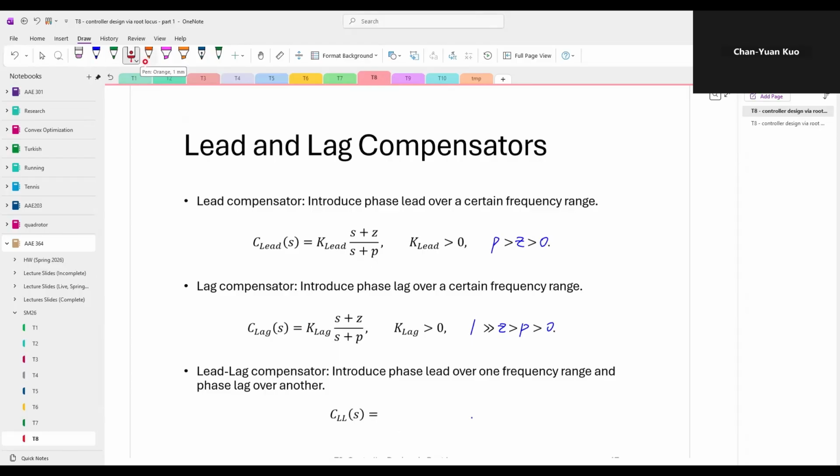Finally, by combining a lead compensator and a lag compensator, we obtain a lead-lag compensator, which introduces phase lead over one frequency range and phase lag over another.